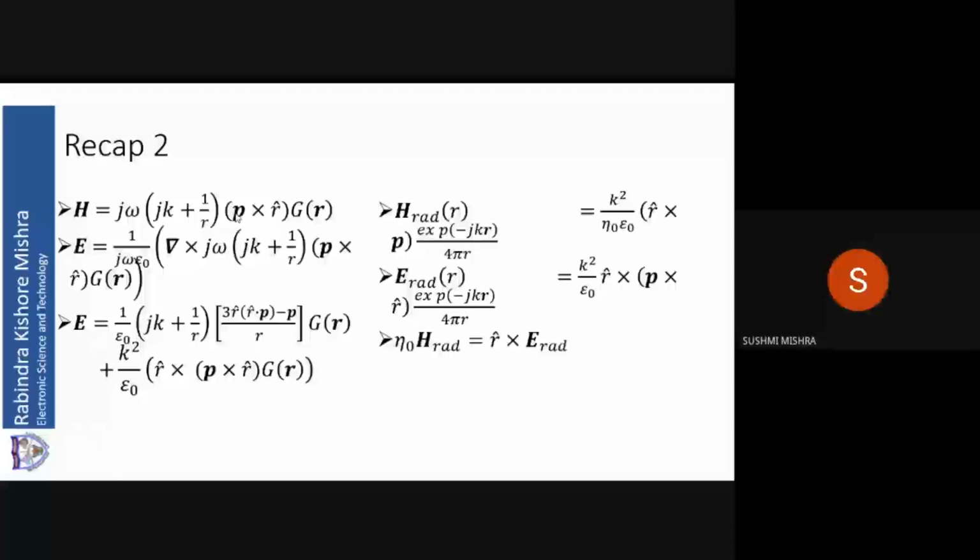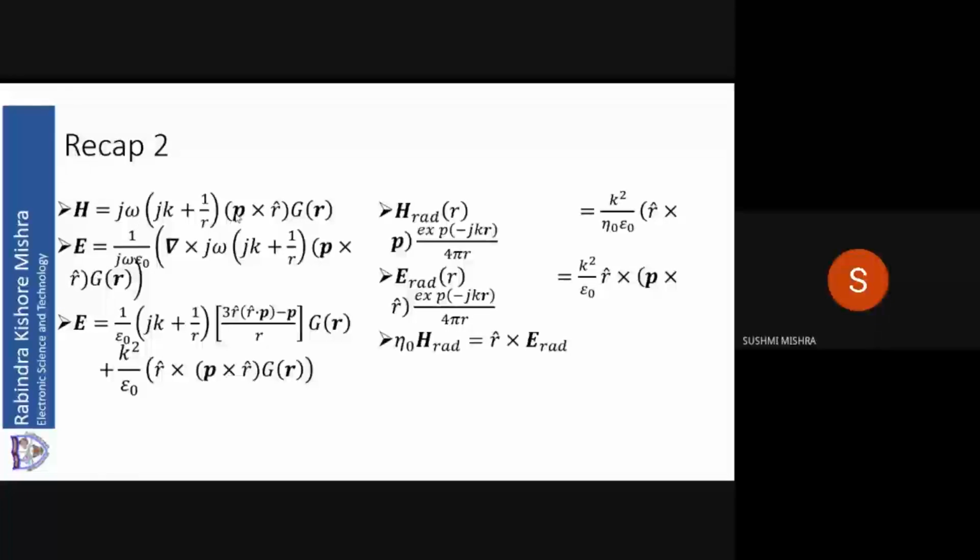Then we proceeded to find out explicit expressions for H and E. Accordingly, we found that H is equal to j omega into (jk plus 1 by r) into p cross r cap G(r). E is equal to 1 by j omega epsilon 0 curl of j omega into (jk plus 1 by r) p cross r cap G(r).